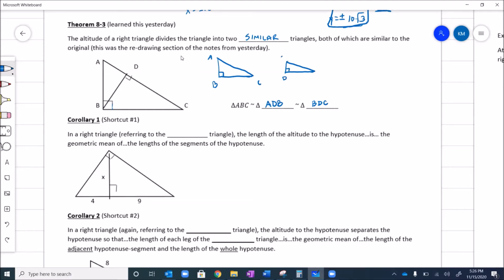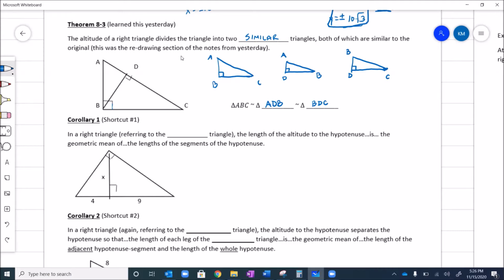We still had A here, and this is B. And then in that medium triangle, a little bit bigger than the small one, but smaller than the original, our right angle was D still. We had our short side B.